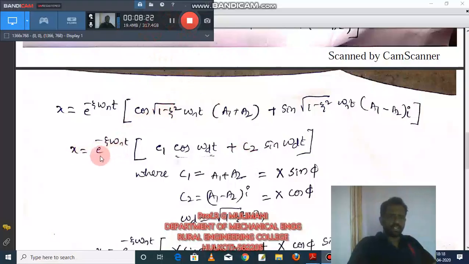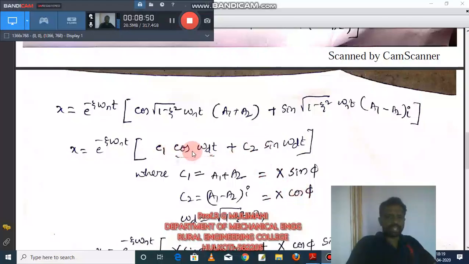In order to define this response, the displacement, in terms of a trigonometric function, since the cos function is already there, let us assume c1 as a sine value. So c1 is equal to x sin phi. Let us express the coefficient of sine, c2, in terms of cos, so it is x cos phi.